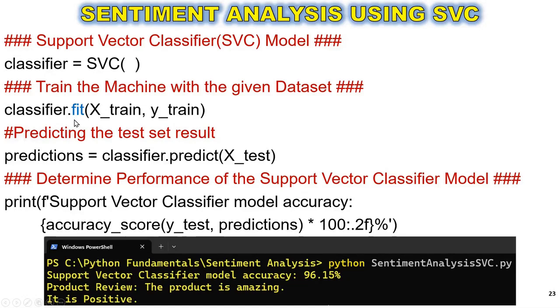After the training, we determine the performance of the support vector classifier model. When we run this Python code, the support vector classifier model accuracy is 96.15%, which is very high. This is the performance of the model during the training.